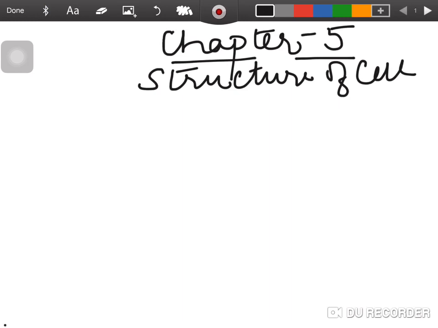Some are unicellular, some are multicellular, and I've told you what different scientists did, like what Rudolf Virchow did, what Robert Hooke did, what Robert Brown did, who discovered and invented the microscope, then the electron microscope. An electron microscope is a very good microscope through which you can see different things.